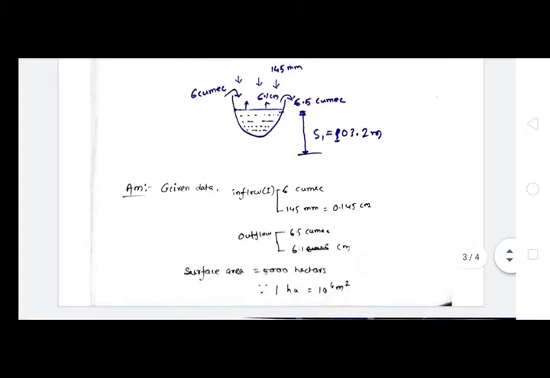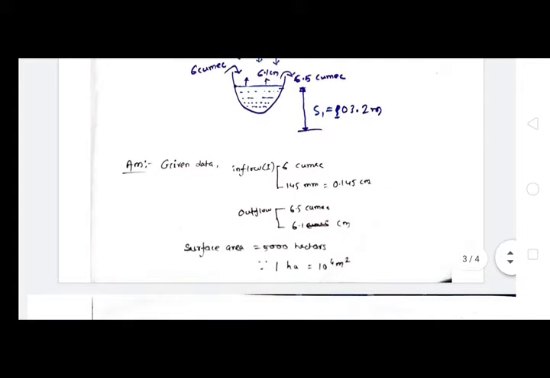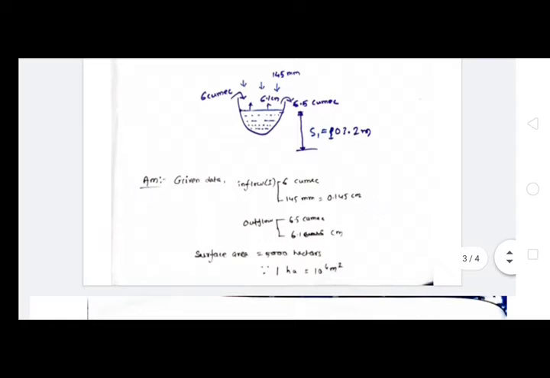Let's write down some of the given points, like given data. Inflow is equal to 6 cubic and 145 mm. If we convert it in meter, we have 0.145 meter. Outflow 6.5 cubic and 6.1 centimeter. Now surface area is given as 5,000 hectares. Since 1 hectare is equal to 10 to the power 4 meter square.